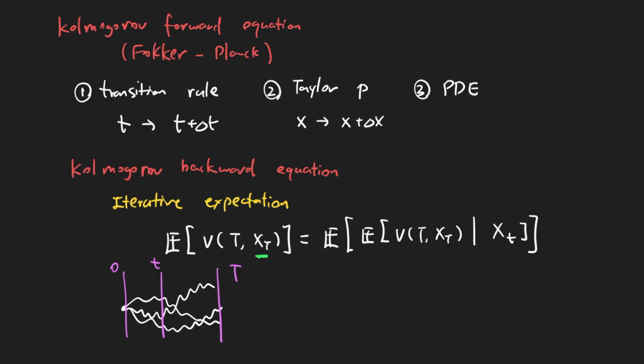In the case of option pricing, it just means that the option price today, let's say that the stock price is at $100, equals the average option price at any future time, but let's just say it's tomorrow.